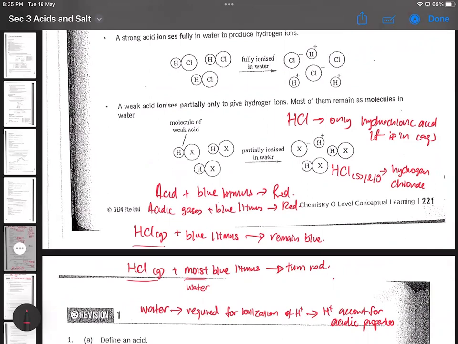Water is essential for the formation of H+, which leads to giving you the acidic properties or the expected properties of the acids that we know. Okay, remember, if you cannot remember everything today, just remember water plus acid gives you acidic properties. Without water, not gonna work.